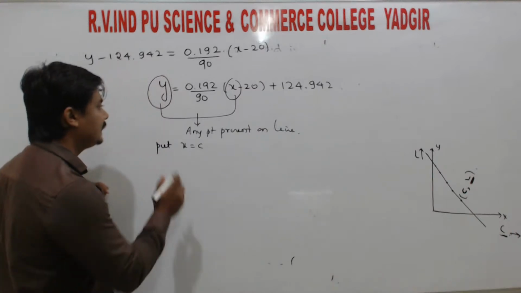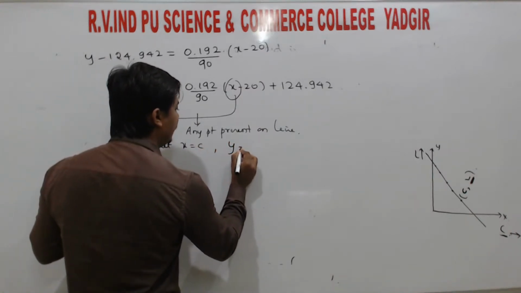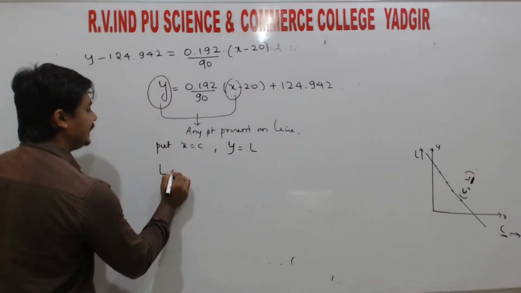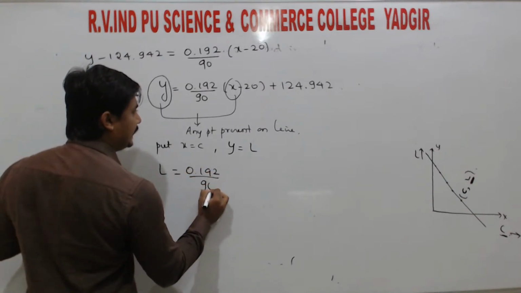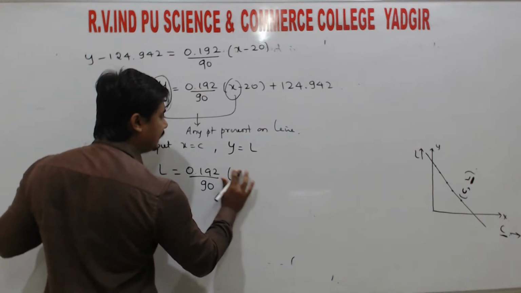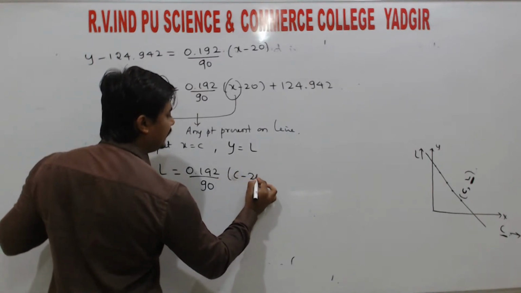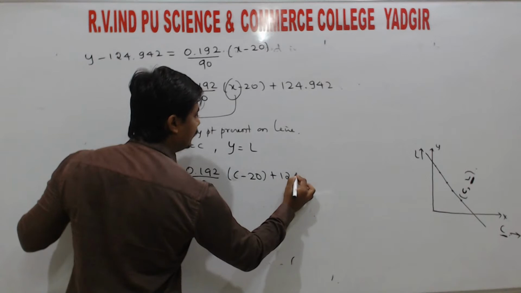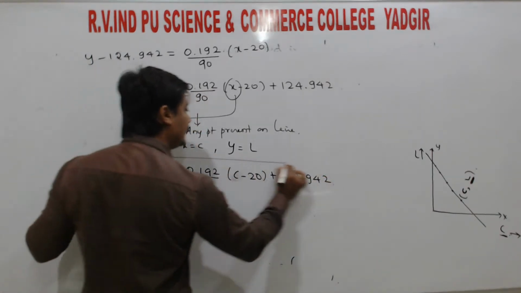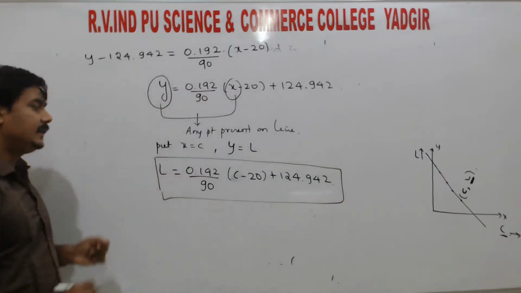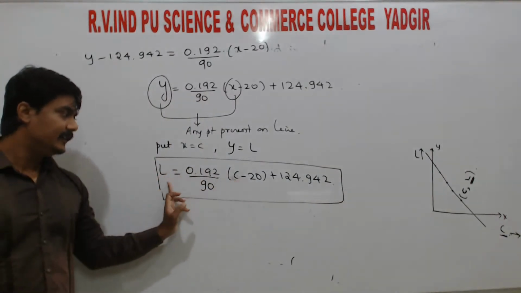So I have taken x as c finally and y as l. So it becomes l equals 0.192 upon 90 into x, which is nothing but c here, c minus 20 plus 124.94. This is the required linear relation between L and C.